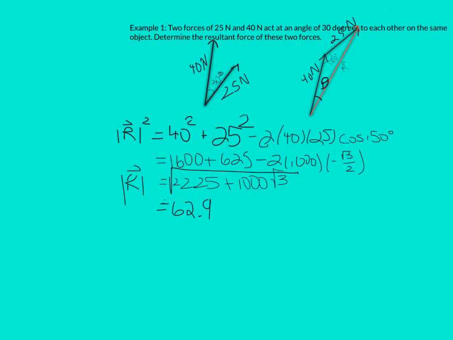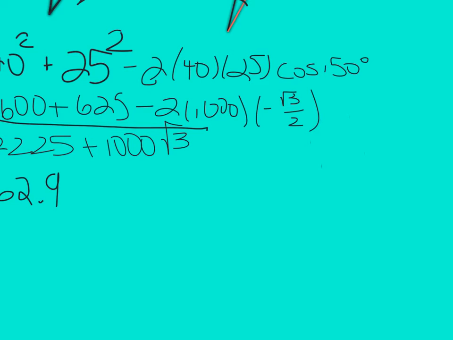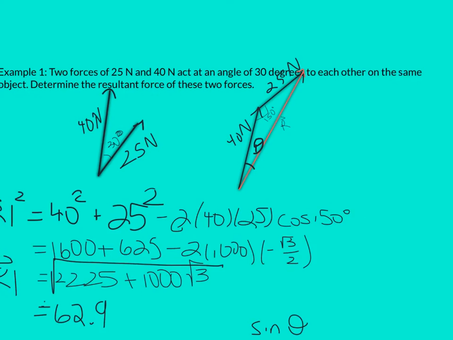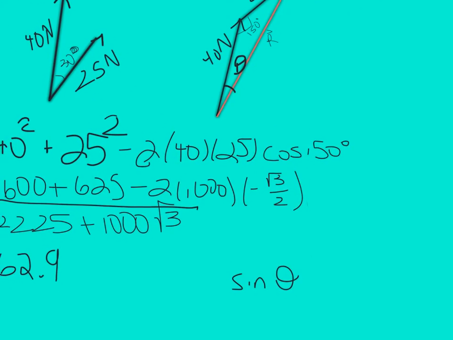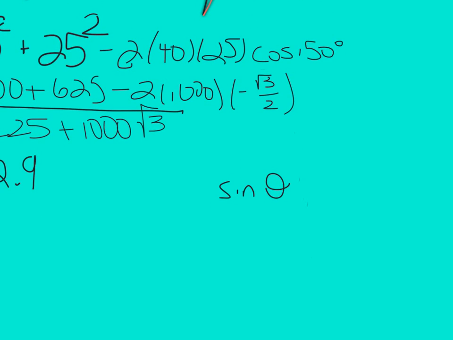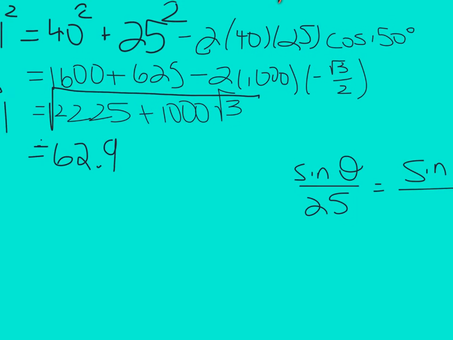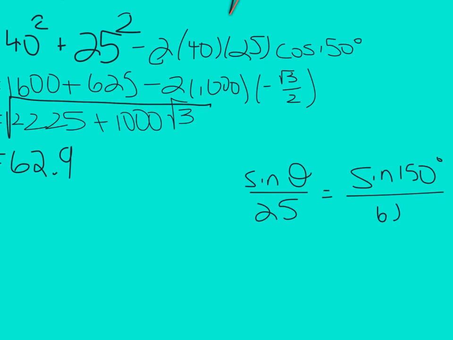And we'll have to make use of our sine law. So sine theta, theta is opposite to 25, equals sine 150 over 62.9.